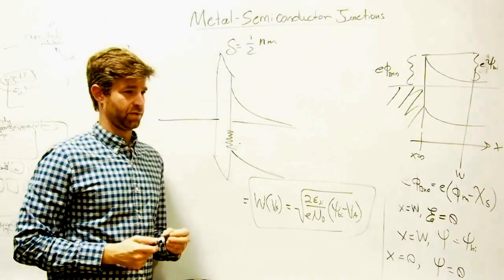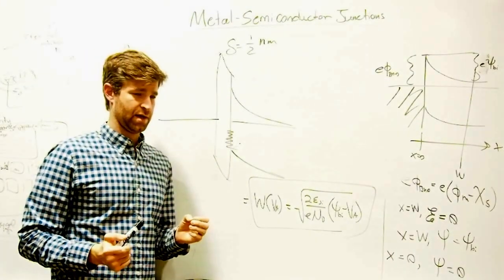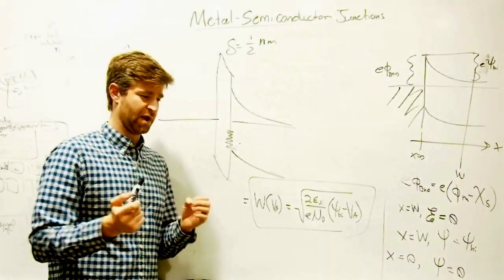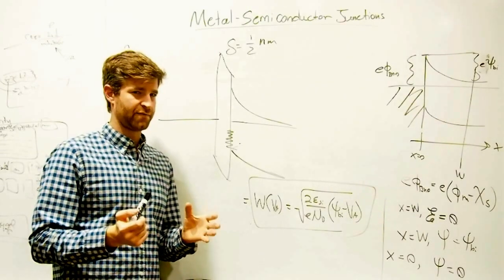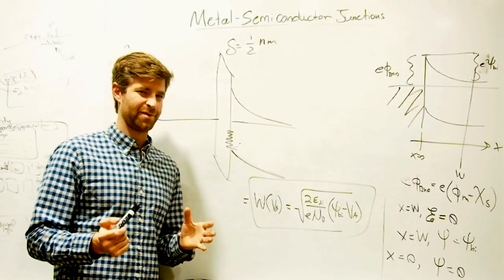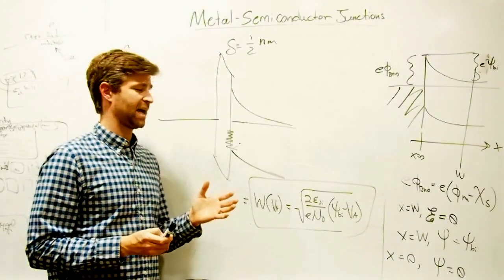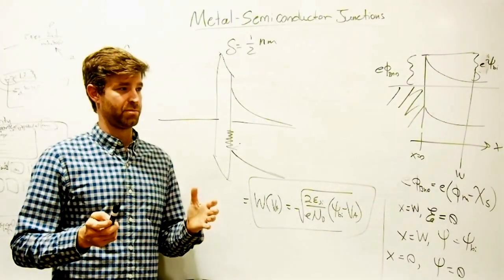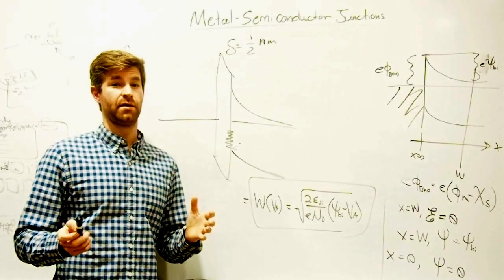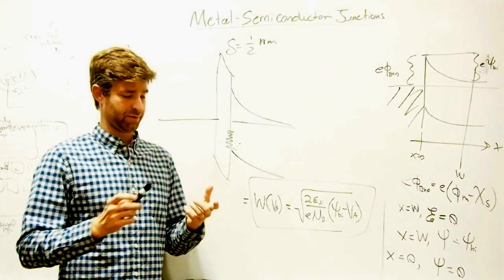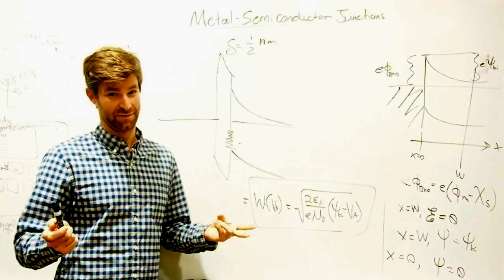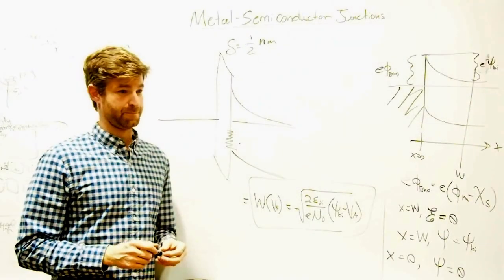The thing about silicon is that the pinning is not at all really dependent on the work function of the metal. So silicon is generally going to have a barrier height that's not only independent of doping, but is independent of whatever metal you use.